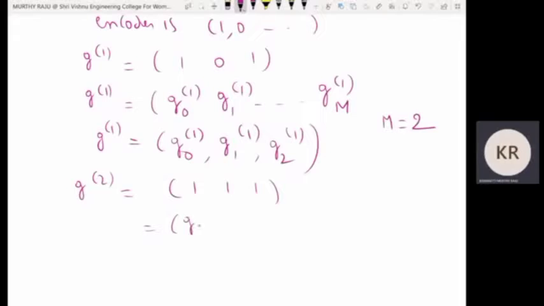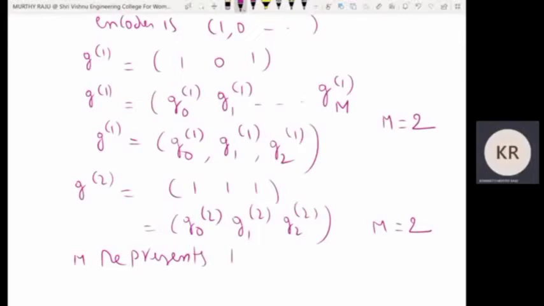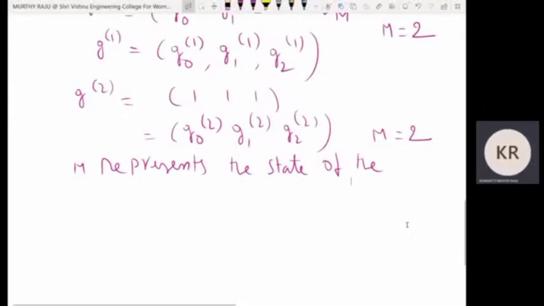That is equal to G0 of 2, G1 of 2, G2 of 2. Again, M is equal to 2. M represents the state of the convolutional encoder.